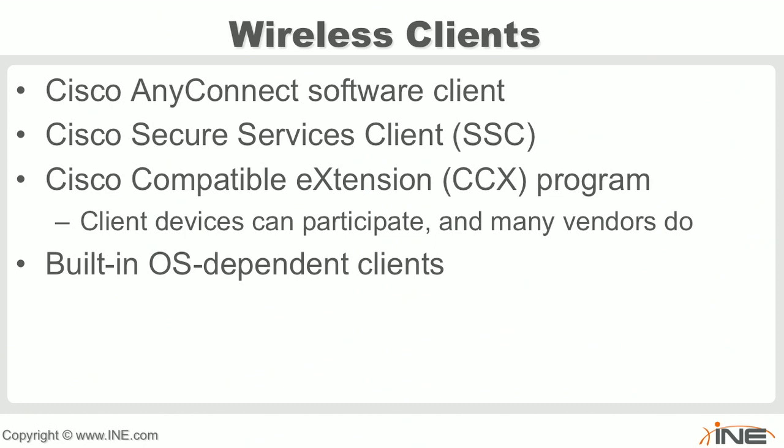We're actually going to take a look at a matrix of all the CCX, the Cisco compatible extensions out there from version 1 to the current version 5 and see what the differences in those are. Most notably, we'll look at some of the differences in version 3, 4, and 5, the latest ones. Because every version is going to support everything that the previous did, but add a few additional things.